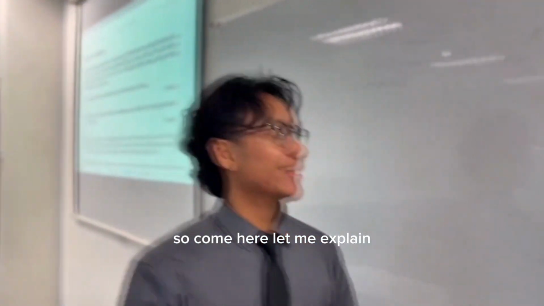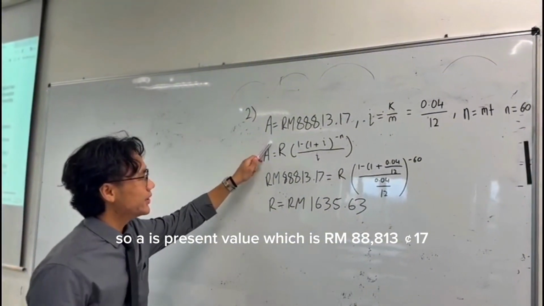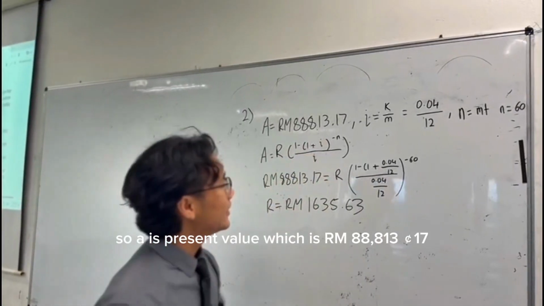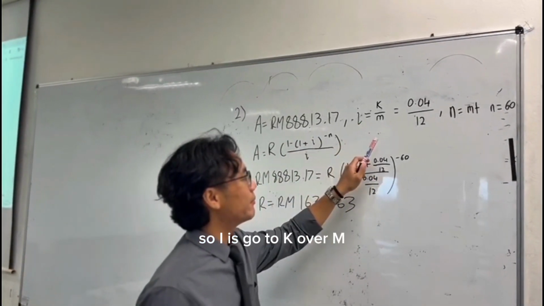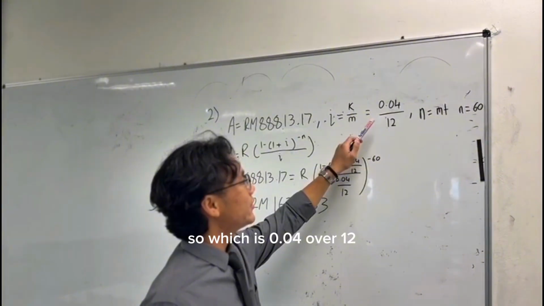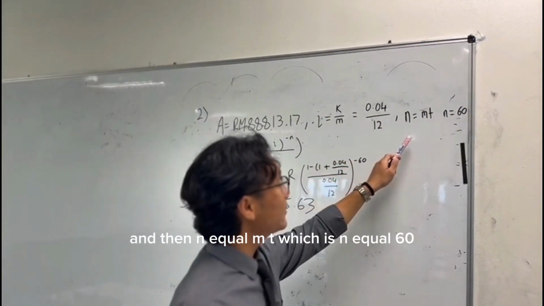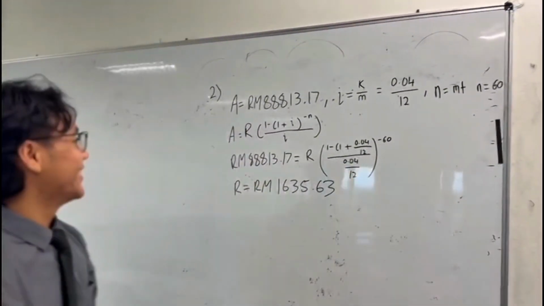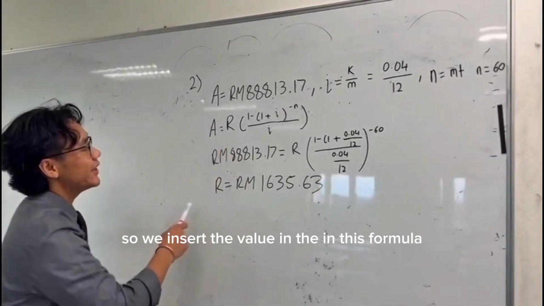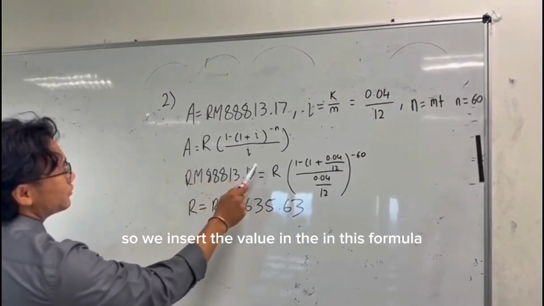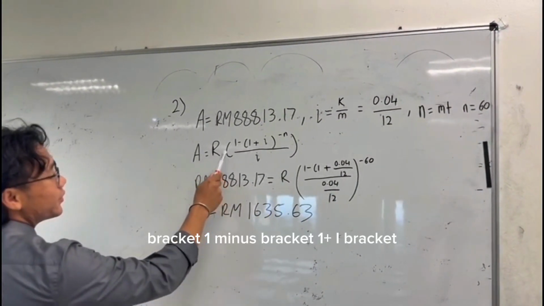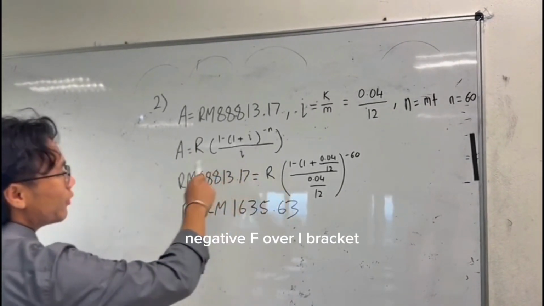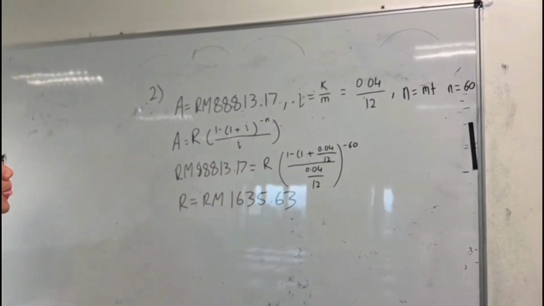Come here, let me explain. So A is the present value, which is RM88,813.17. I is equal to K over M, which is 0.04 over 12. And then n equals MT, which is n equals 60. So we insert the values in this formula, A equals R[1 - (1 + i)^(-n)]/i.